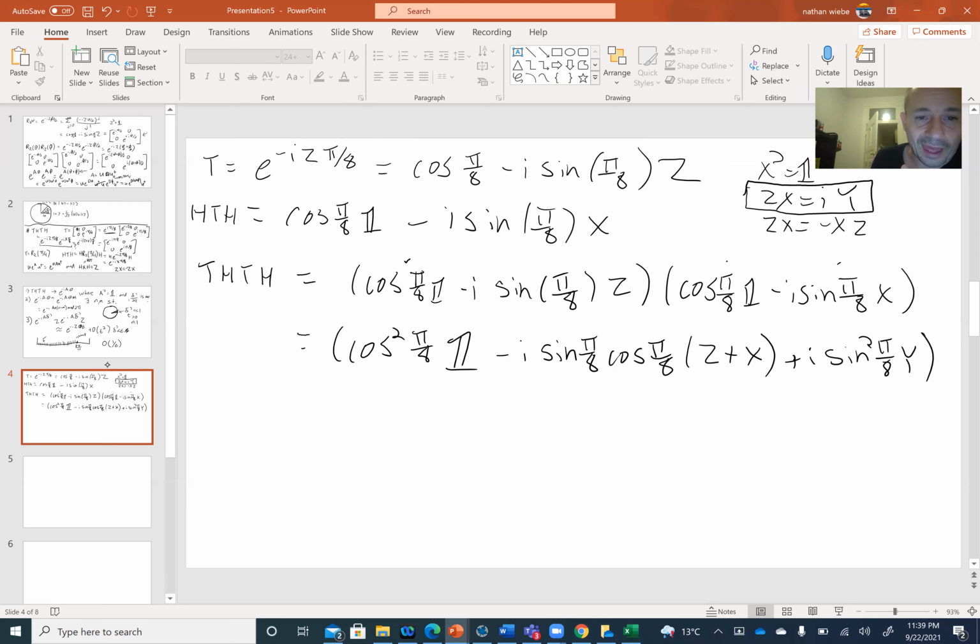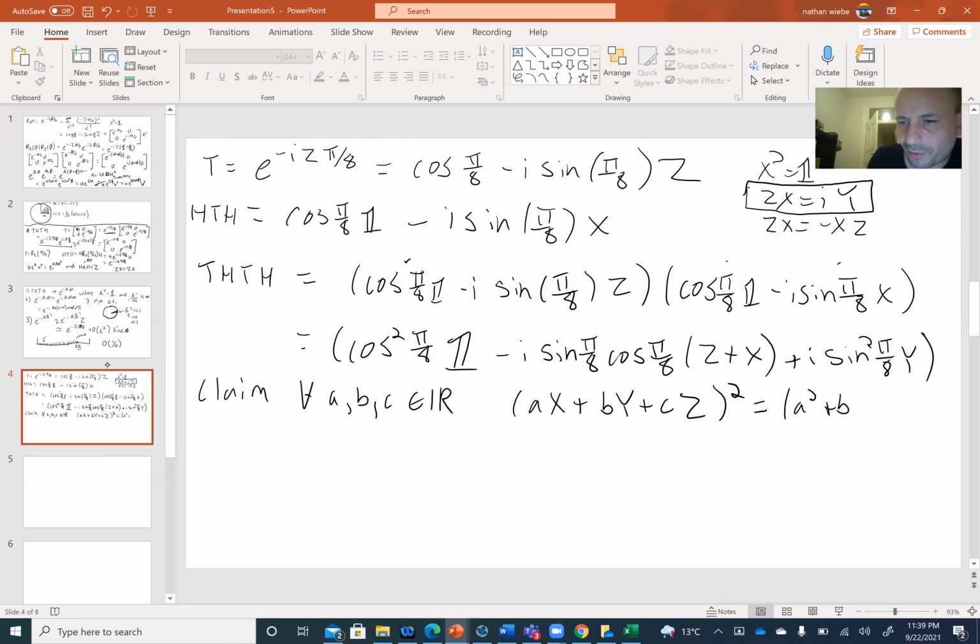Now, the next fact that I want to claim is, for all a, b, and c in the real numbers, that (aX plus bY plus cZ) squared is equal to (a squared plus b squared plus c squared) identity. We can prove this really easily. Let's just expand the product out.